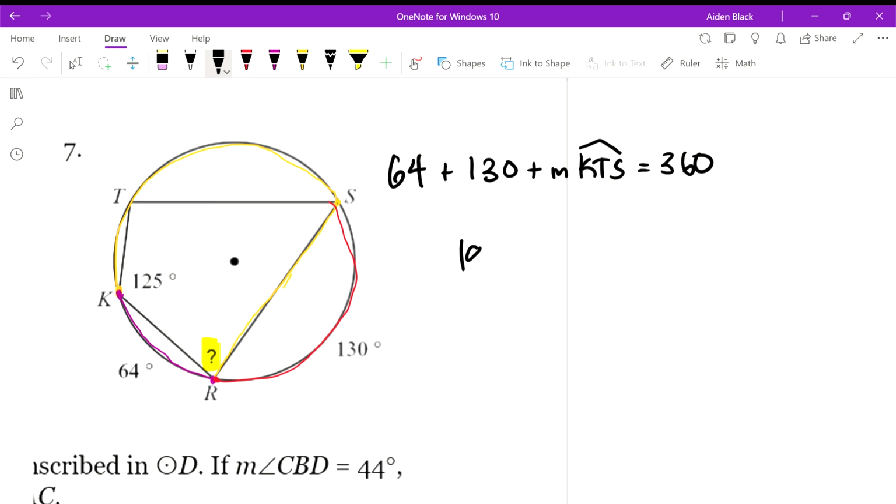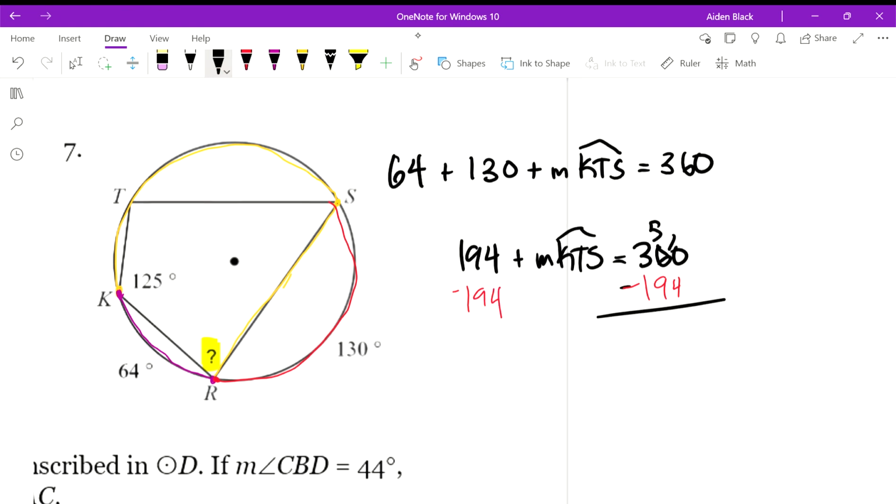We get 194 plus the measure of KTS equals 360. Subtract 194 from both sides. And we end up with 176. So the measure of KTS equals 176.